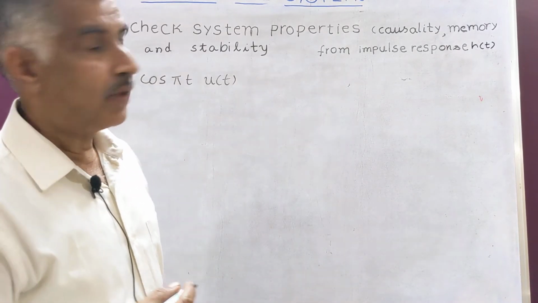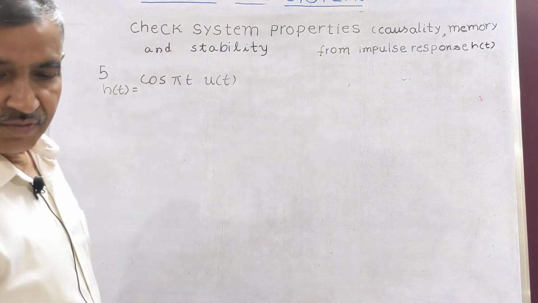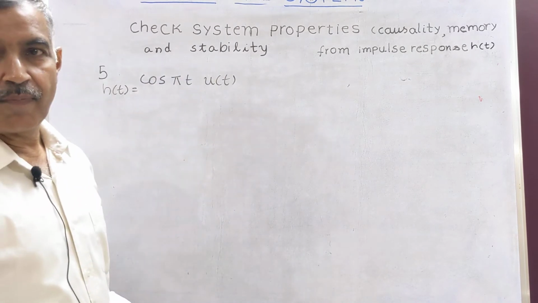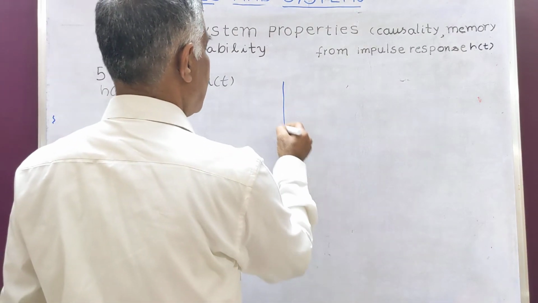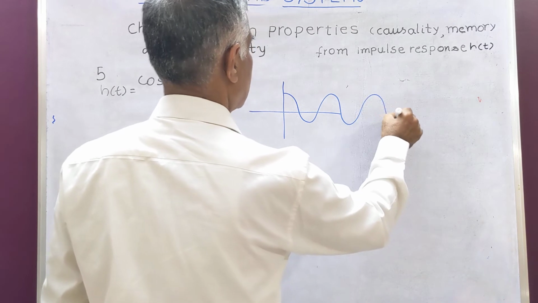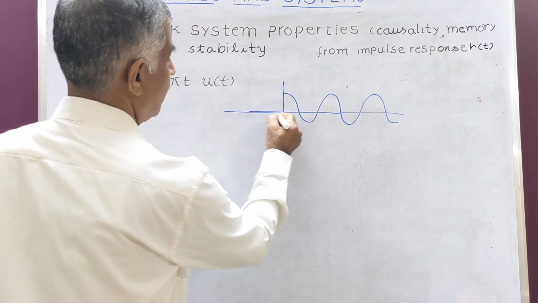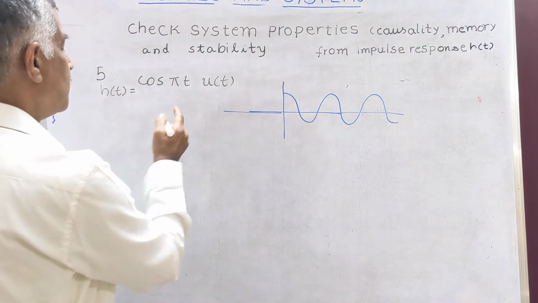Now, the fifth example. h(t) equals cos(pi t) u(t). This is the graph, and for t less than 0, its value is 0.